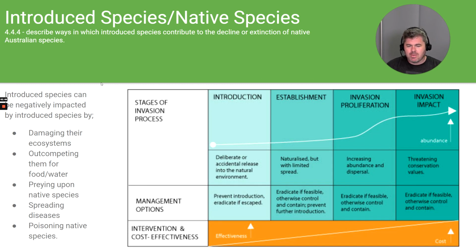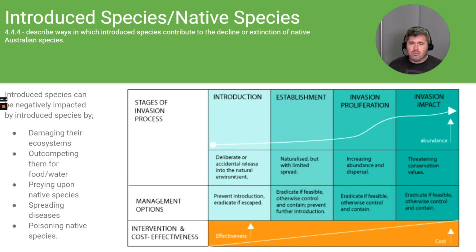Native species can be negatively impacted by introduced species. That's a typo there. You can damage the ecosystem, outcompeting them for food or water, preying upon native species. Okay, so native species can be negatively impacted by introduced species through damaging the ecosystem, outcompeting them for food or water, preying upon native species, spreading diseases, and poisoning native species.